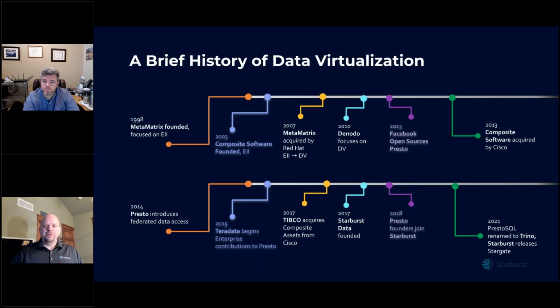So just to give a little bit of a timeline on the history of data virtualization, the first platform that really tried to tackle data virtualization, and at that time it was referred to as EII. EII was an acronym for Enterprise Information Integration.